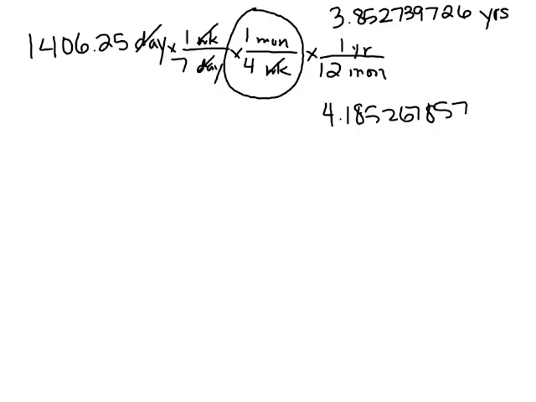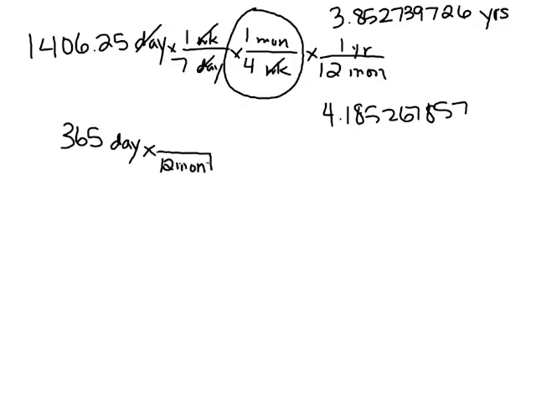If we did it this way, where we went from days to weeks, weeks to months, months to a year, you take 365 divided by 12. So I have 365 days, 12 months. It's 30.41 days.